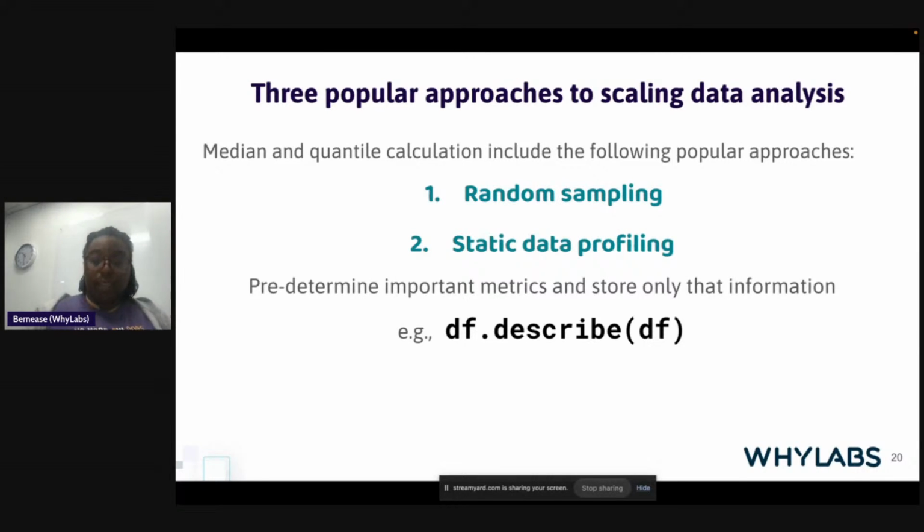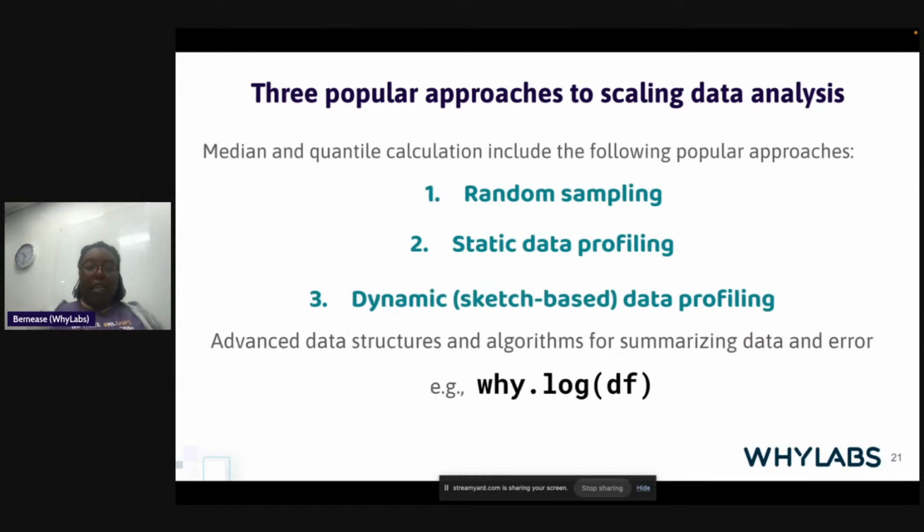In pandas, again in Python, we would use something like dataframe.describe, or actually pandas describe, and pass in a data frame. This is helpful, but has a number of issues. You've had to predetermine these metrics, and they can be hard to merge together, hard to reason about many of them or combining from different sources.